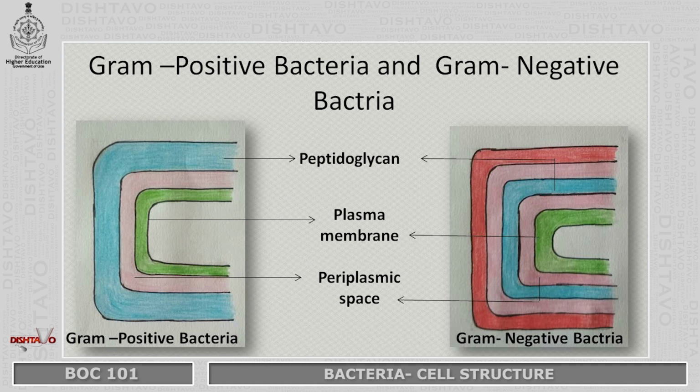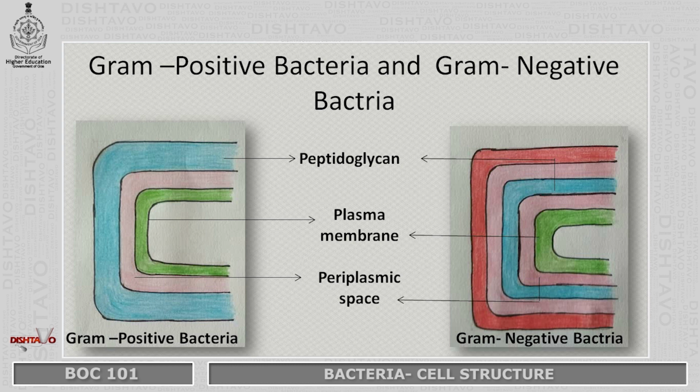This ability depends upon the composition of peptidoglycan present in the layers. Gram-negative bacteria have a thin layer of peptidoglycan. They also have an extra periplasmic space and lipoproteins outside the cell membrane, whereas gram-positive bacteria have a thick layer of peptidoglycan.